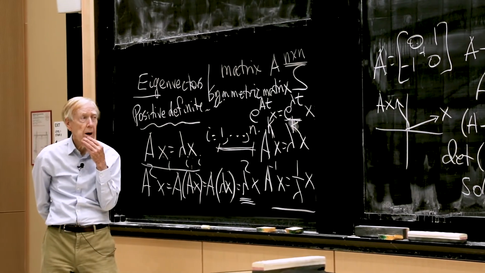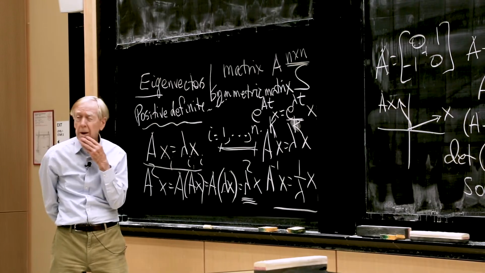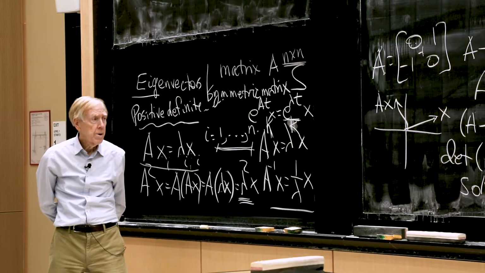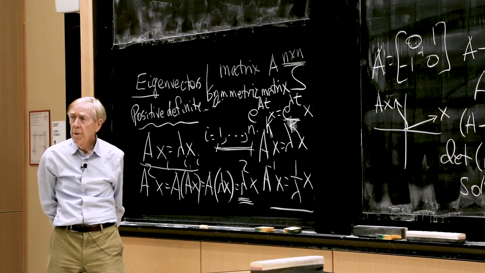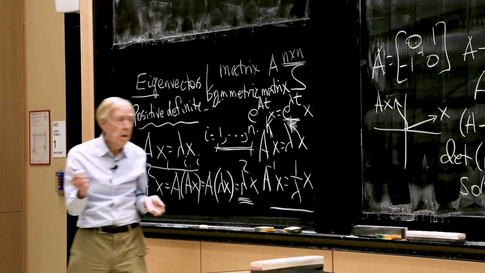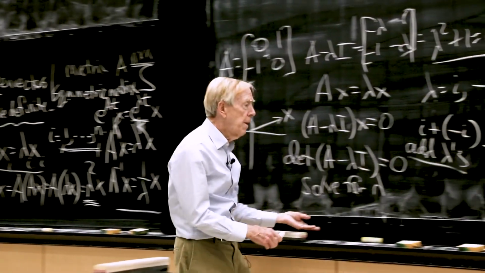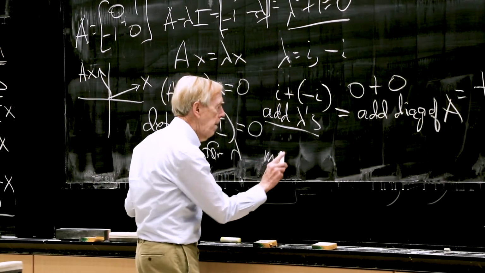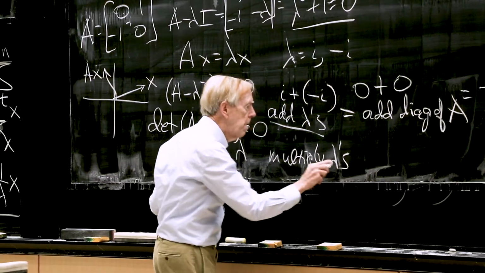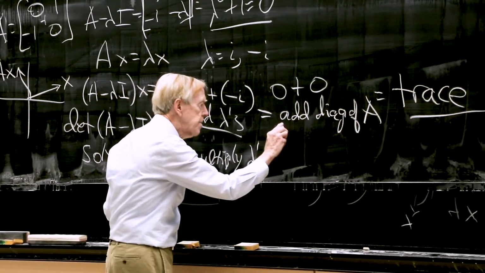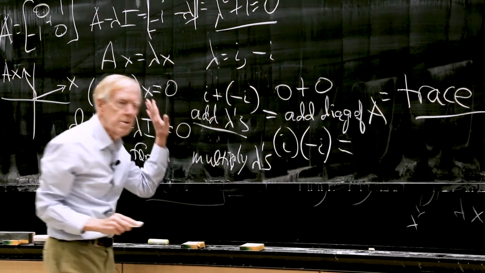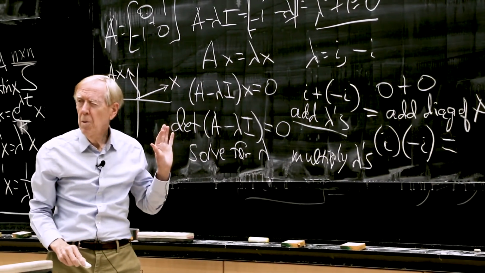Well, there's one other check, equally quick for 2 by 2. So with 2 by 2s, you really get them right. What's the other check? We add the eigenvalues, we get the trace. We multiply the eigenvalues, so now I'll multiply the λs. So then I get i times minus i. And that should equal, don't look yet, what should it equal?